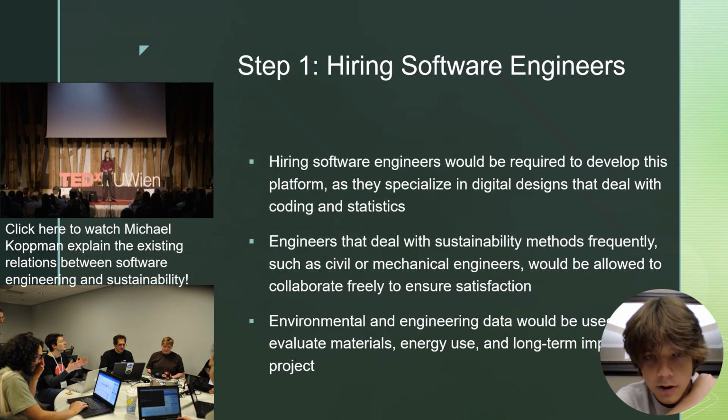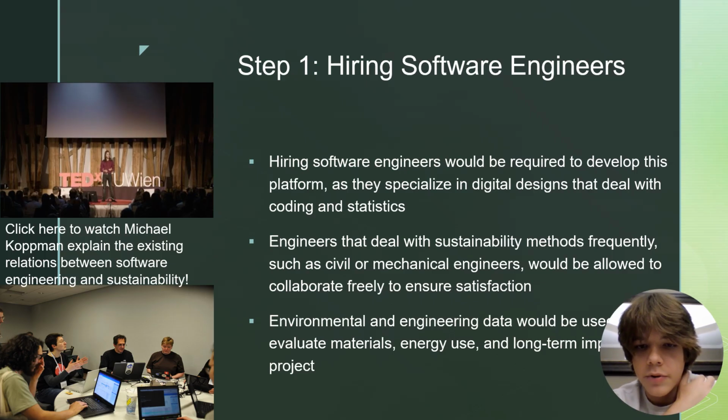So the first step in completing the solution is hiring software engineers that will be required to develop this platform. They specialize in digital platform coding statistics that regular engineers could not create. Not regular engineers, but other unspecialized engineers.